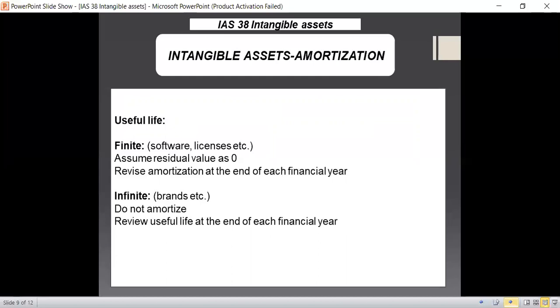On the other hand, there are some intangibles having indefinite useful life, where there is no foreseeable limit to the period over which the asset will generate cash flows. For example, in the case of brands, trademarks, etc., we do not know for how long the asset will be able to generate the cash flows. Those assets which are having indefinite useful life, we do not amortize them.